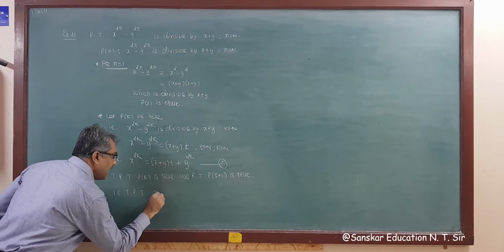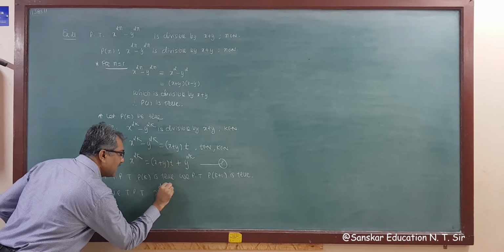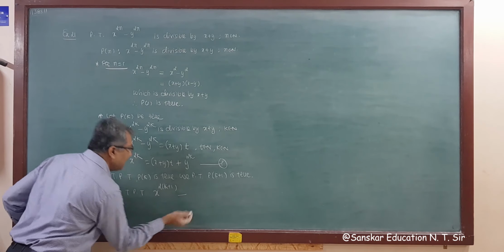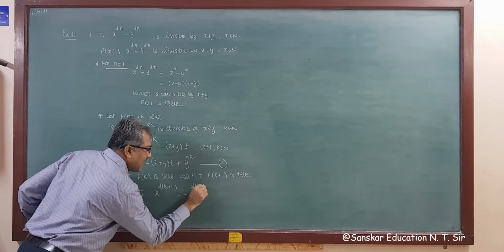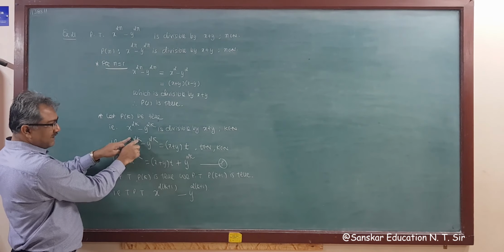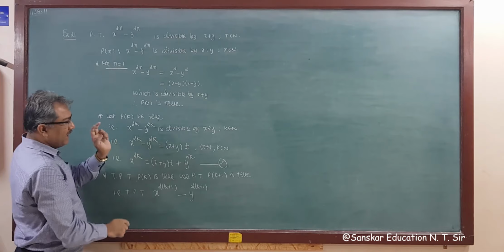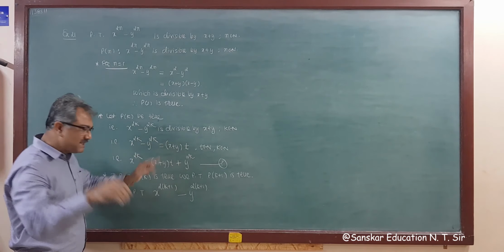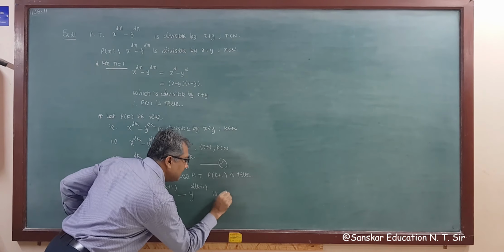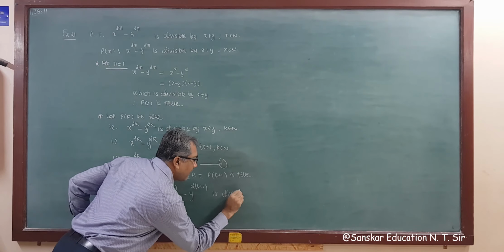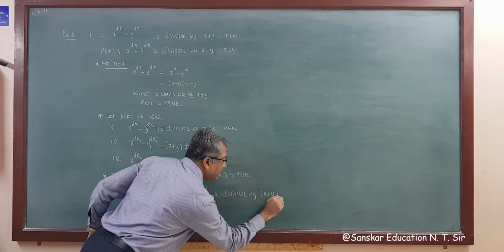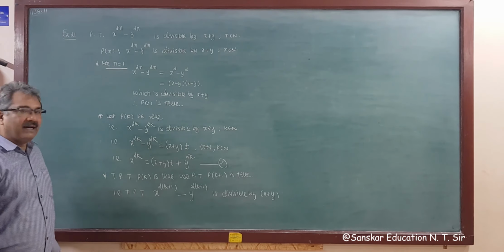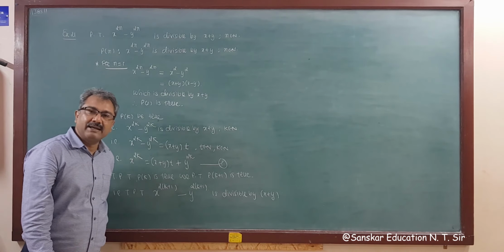So what we get? x raised to 2 times k plus 1 minus y raised to 2 times k plus 1, right, is divisible by x plus y.